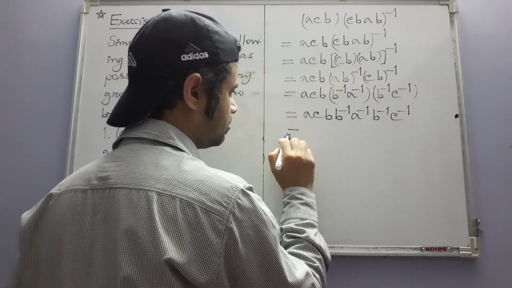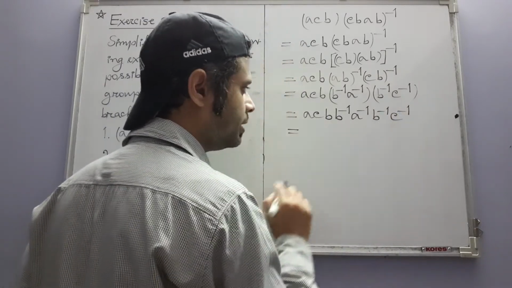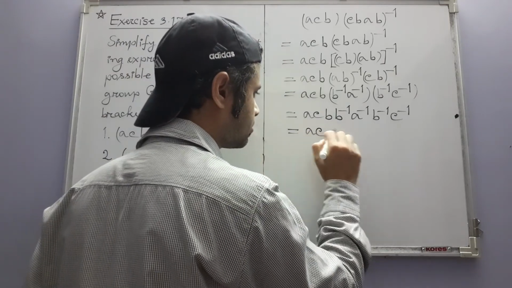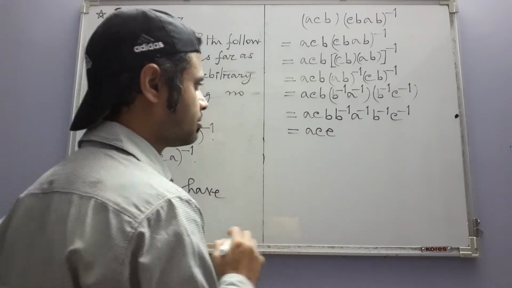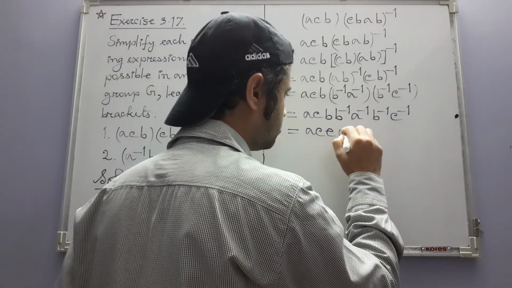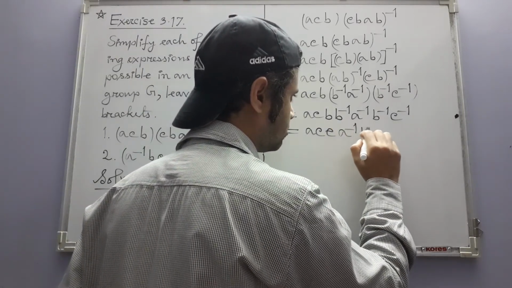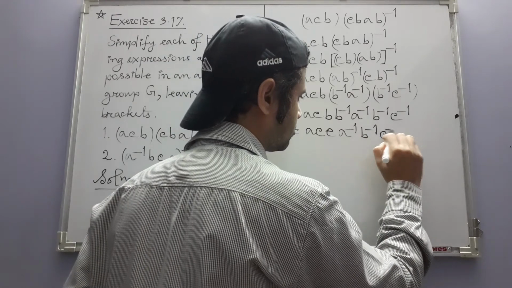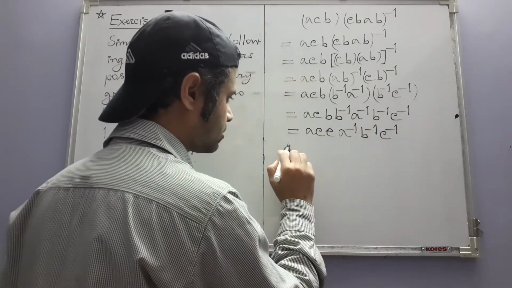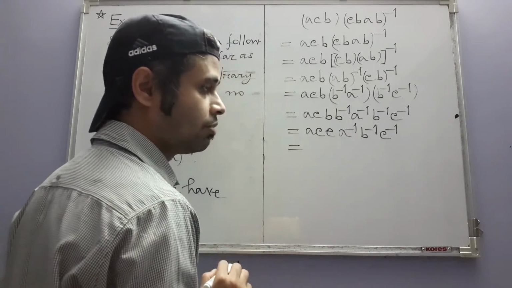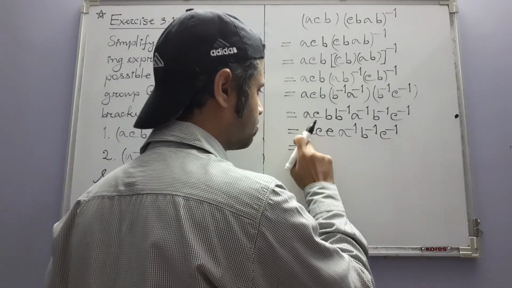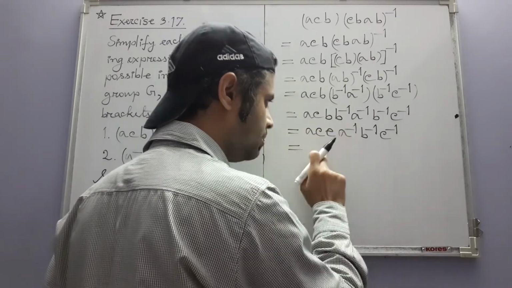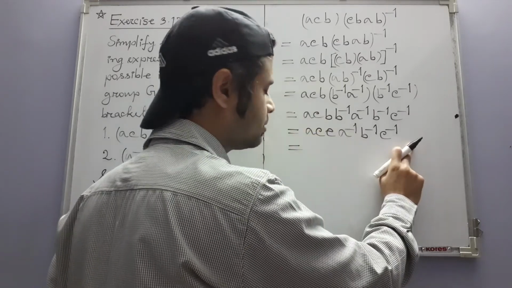So you see that B B inverse gives us the identity element, whatever it is in that group, and the identity will vanish. For example, you can think of this as the product of ACE and the rest of the things.